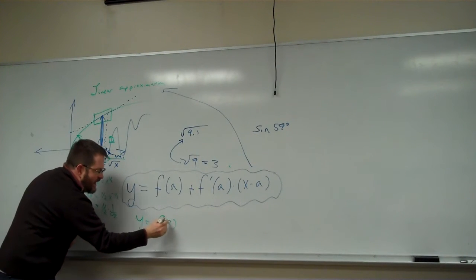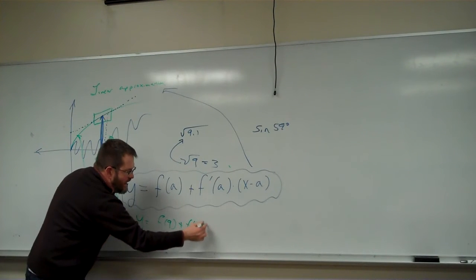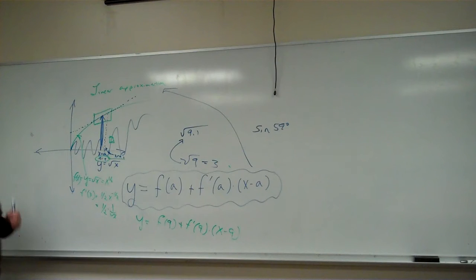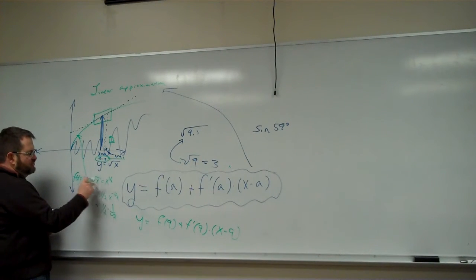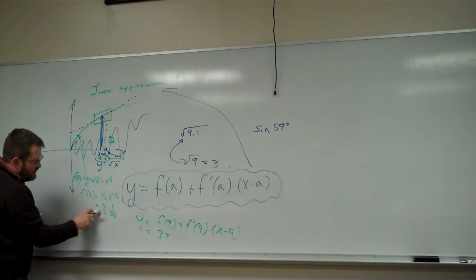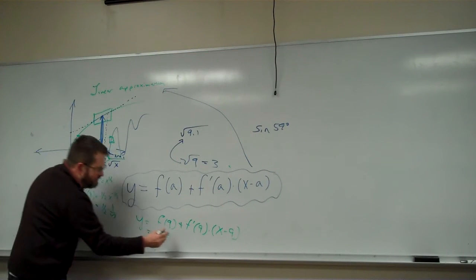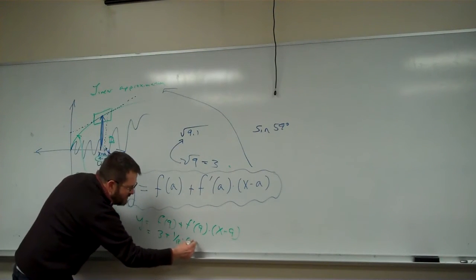So f of 9 plus f prime of 9 times the quantity x minus 9. We're near this location x equals a. Alright, f of 9. F of x is equal to the square root of x, so this is 3 plus, this thing here, 1/9 times 1/2 is 1/18 times the quantity x minus 9.